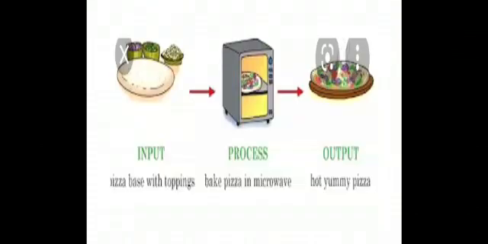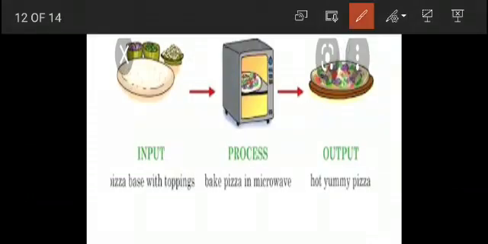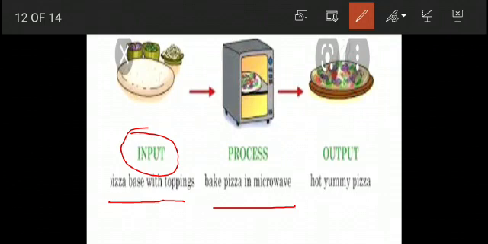Another example is we want to make a pizza, and for that we need pizza base with toppings. That is an input. And when we bake the pizza in the microwave, what's going on? Processing is going on.